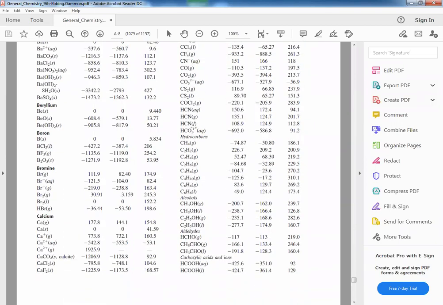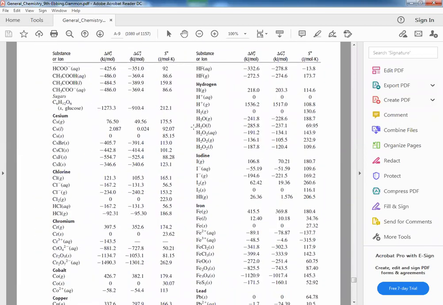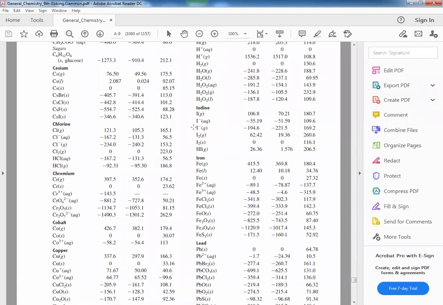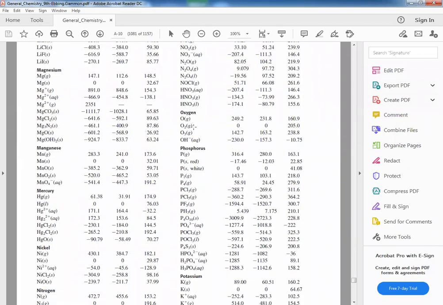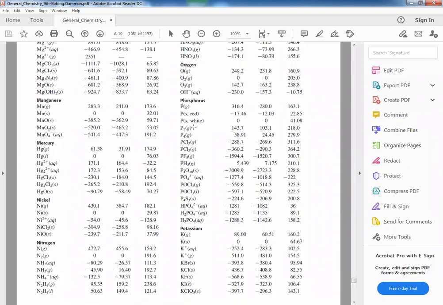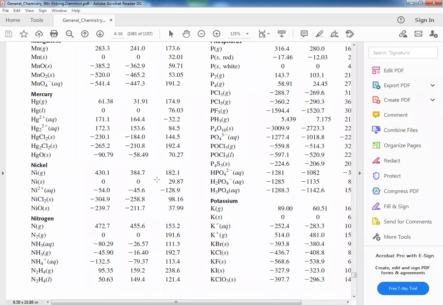So let's look for N2H4. We'll look under nitrogen. Here we go. So I'm going to make this bigger so you can see them. Here's the one for liquid. N2H4 for liquid is 50.63.